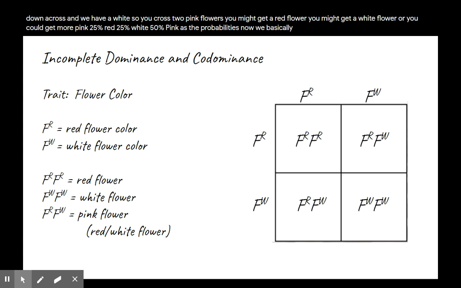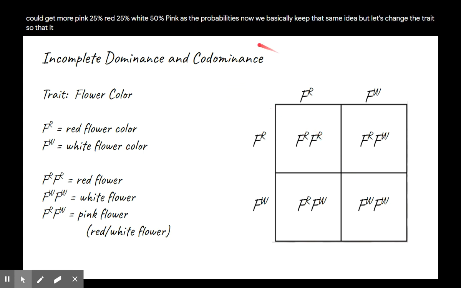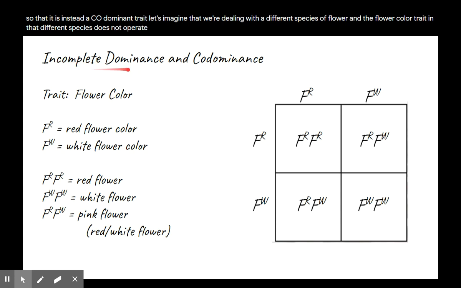Now, we basically keep that same idea, but let's change the trait so that it is instead a codominant trait. Let's imagine that we're dealing with a different species of flower, and the flower color trait in that different species does not operate based on incomplete dominance. It instead operates based on codominance.